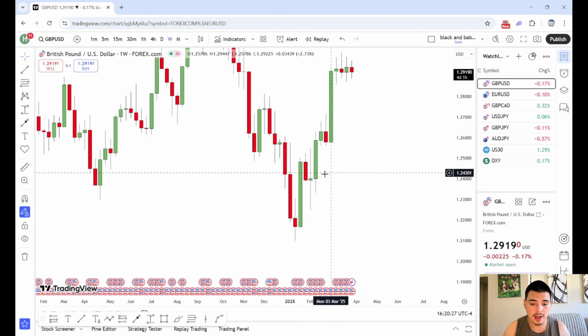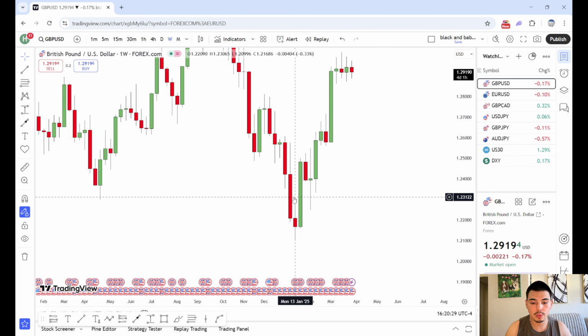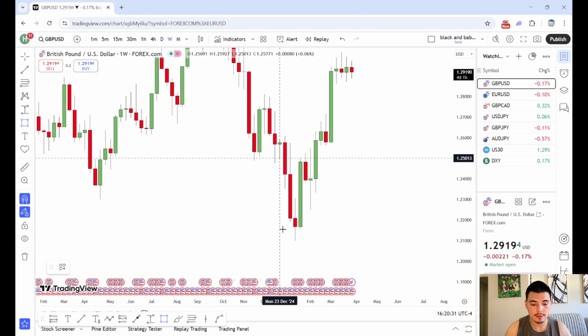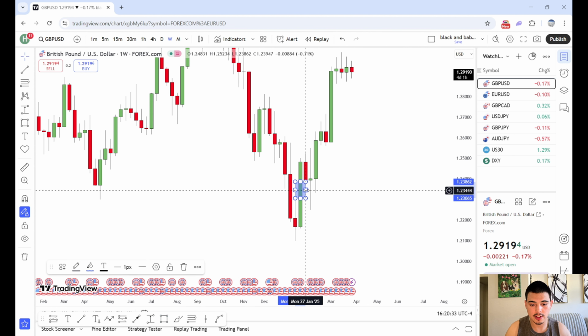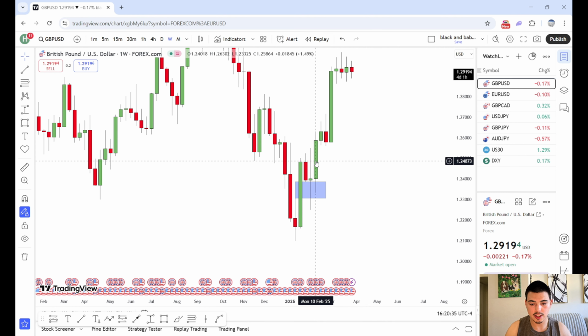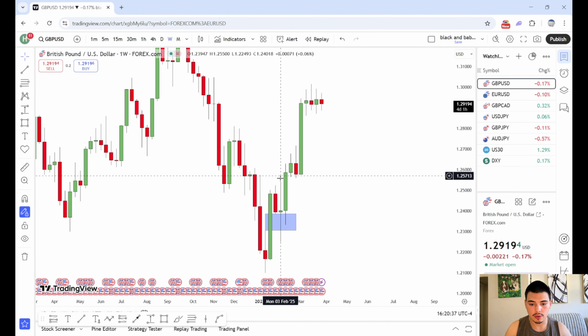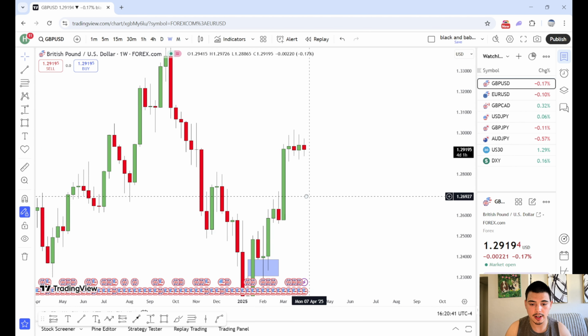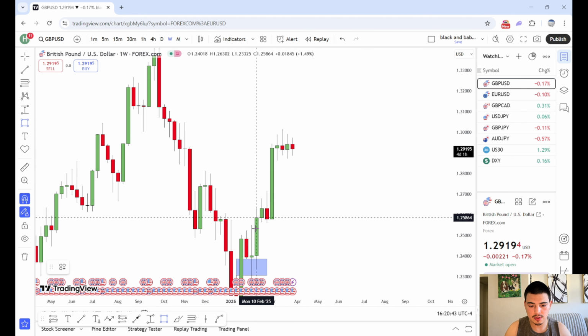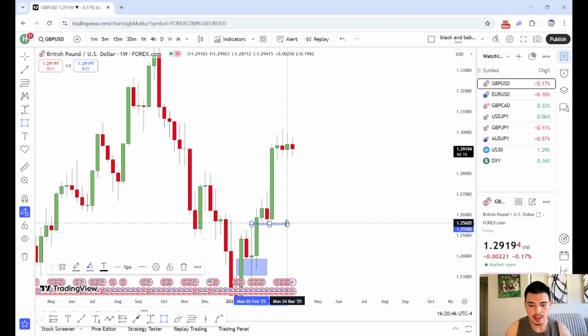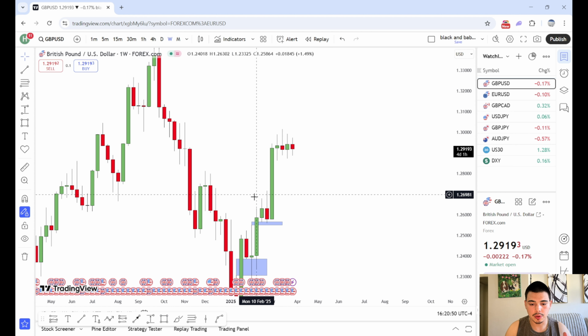In the scenario right here, you can see we have this bullish fair value gap right here. Price wicked into it and expanded higher, right? And it created another bullish fair value gap. Price tapped into it, expanded higher, right? And so whenever price is retracing and tapping into these internal range liquidity fair value gaps, my next draw on liquidity becomes that external range liquidity, okay?